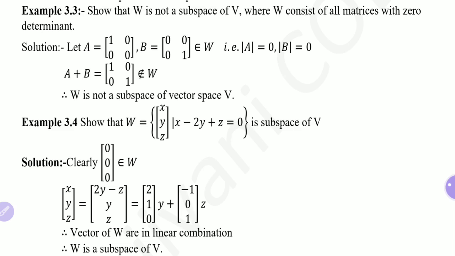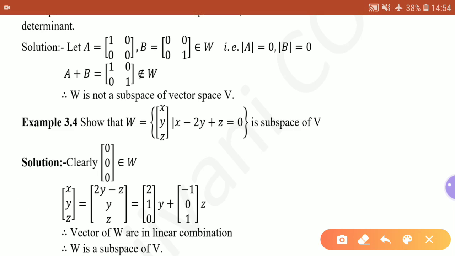If you prove one of the properties fails, then we can claim that W is not a subspace of V. So I have taken two random elements of that set W. It is a set of matrices with 0 determinant, so the simplest matrices I have considered are of order 2. Clearly their determinant is 0. You can see that. Now these two belong to the set W, and as we have a condition on the determinant, they have to be square matrices.